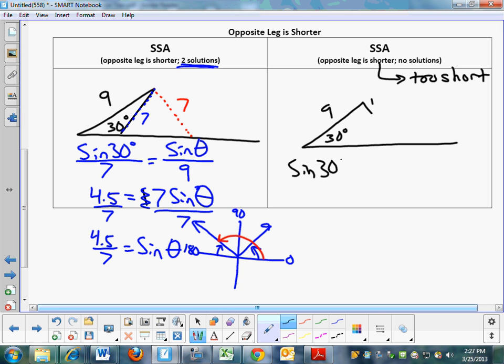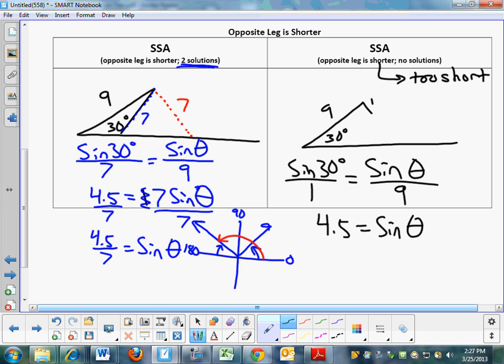Sine of 30 degrees. What's the side opposite 30? 1. Equals the sine of theta, whatever angle we're solving for, divided by 9. Sine of 30 is 0.5 times 9 is 4.5. Equals sine of theta. How do you use your calculator to solve for an angle? Inverse sine.